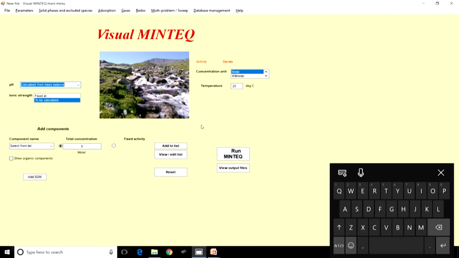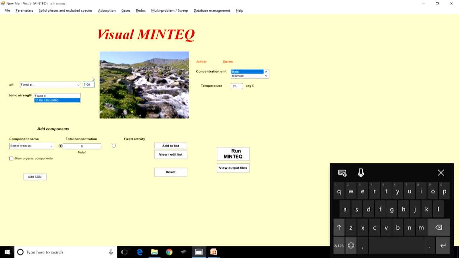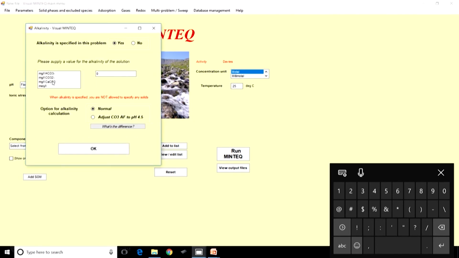So first we need to set up the relevant aspects. So the first one is pH is fixed at, I believe it was 7.2, yes. And what else do we have? We have alkalinity, and I think we can specify that in parameters, and alkalinity was as CaCO3.